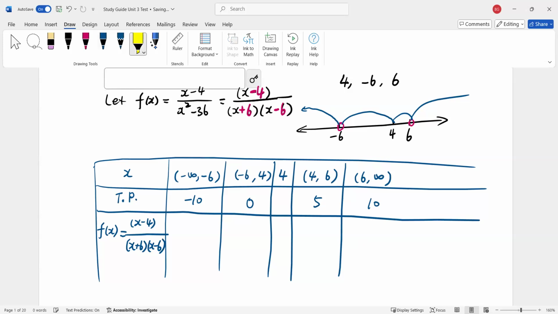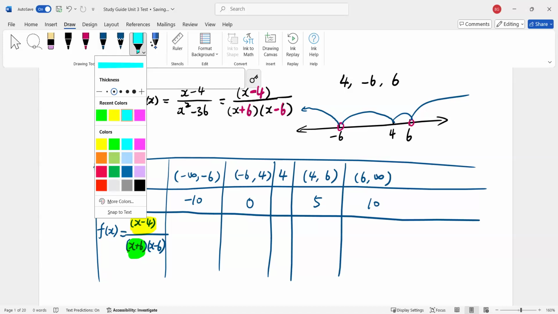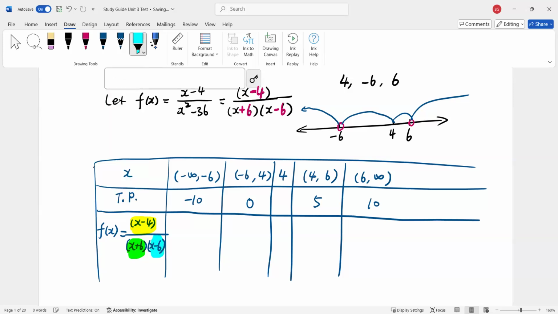I'm going to use a color scheme. The numerator is yellow, this factor is green, and this one is blue. We want to know the sign of the function when x assumes those testing points.